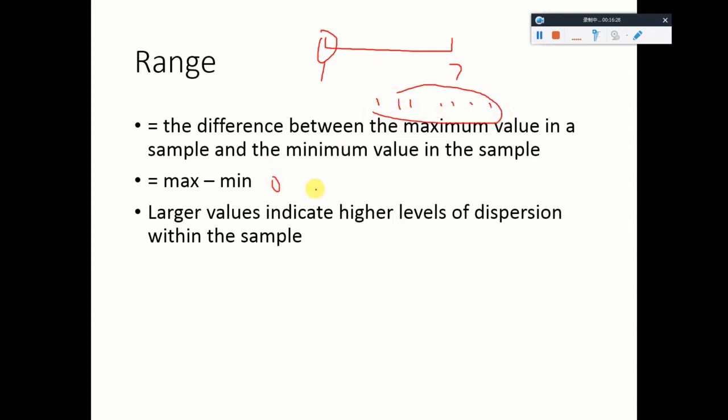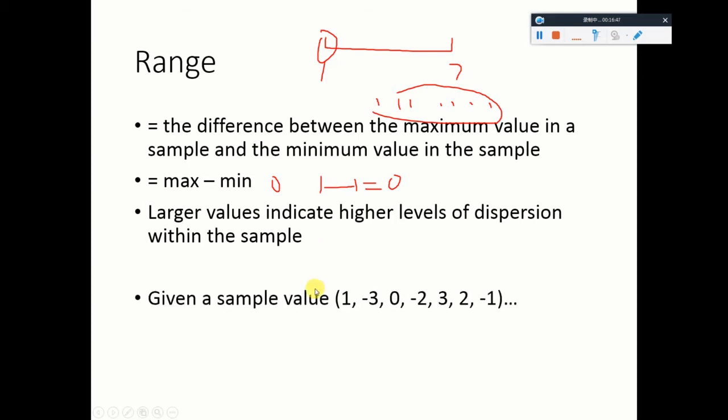Then, of course, the range is 0. There's no dispersion within the sample. All right, so let's see if we really do get this.